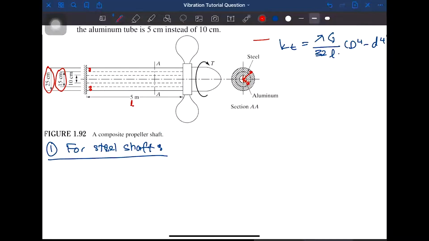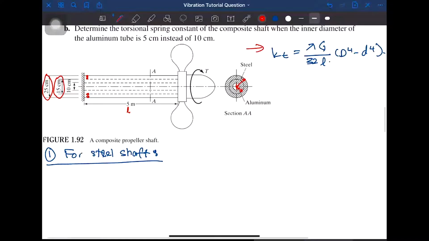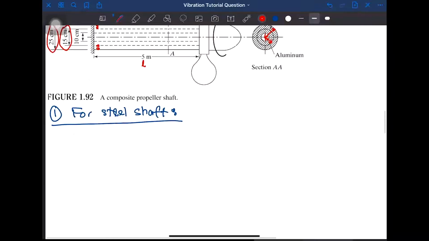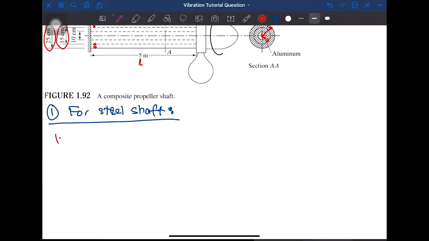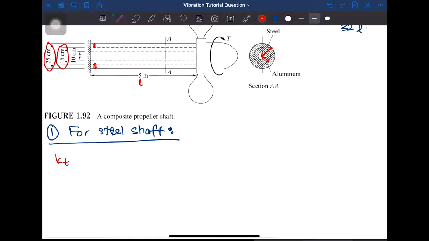So use this formula right here. Kt equals pi G over 32L times big D to the power of 4 minus small d to the power of 4. And then you get the answer to be what? I'm going to put it as KTS.